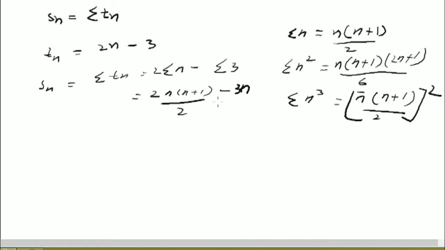Suppose a series is given and the nth term is not given. Firstly, we have to find the nth term. 1 into 2 square plus 2 into 3 square plus 3 into 4 square, like this. The series is now easily identifiable. See, the first factors 1, 2, 3 are in AP.